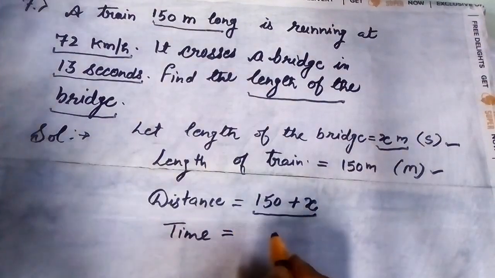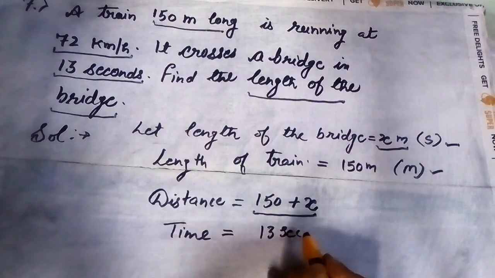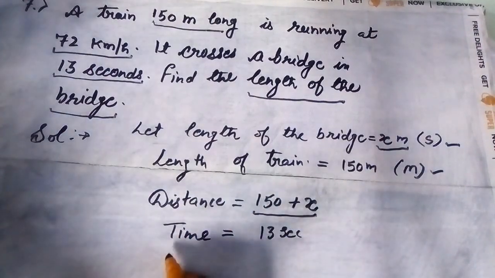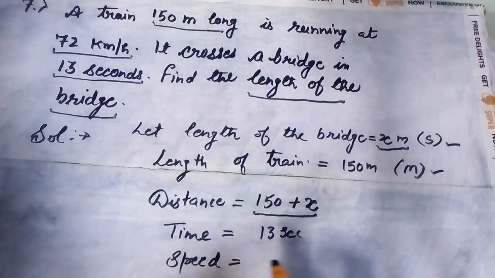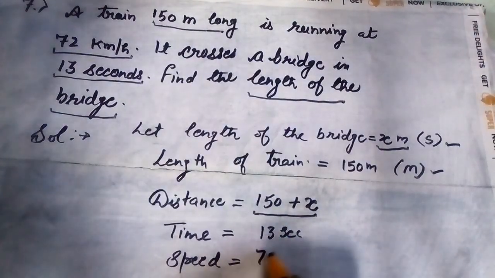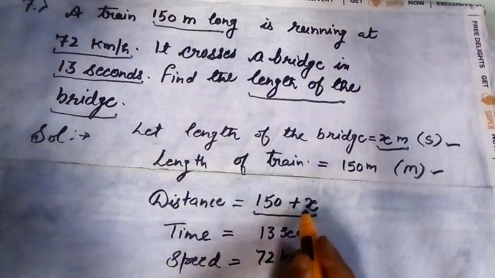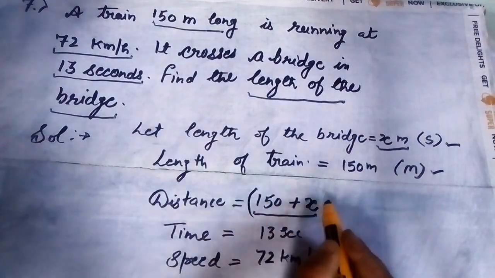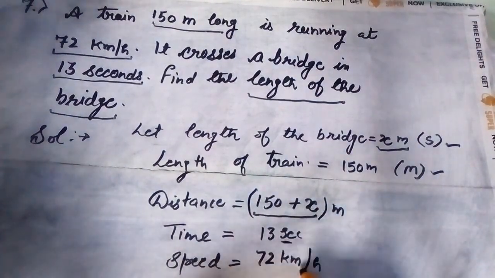Now time taken by the train is given equal to 13 seconds, and speed of train is also given, that is equal to 72 km per hour. But remember, the distance is given in meters and the time is given in seconds.